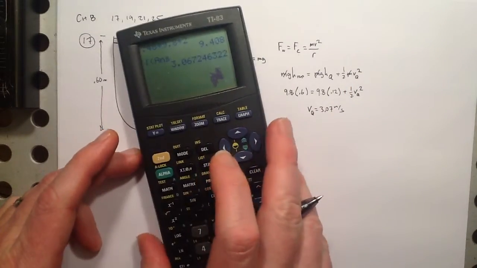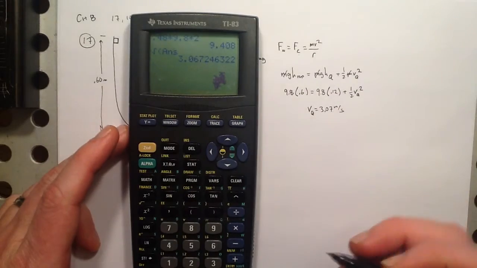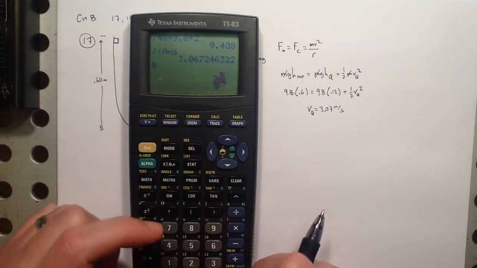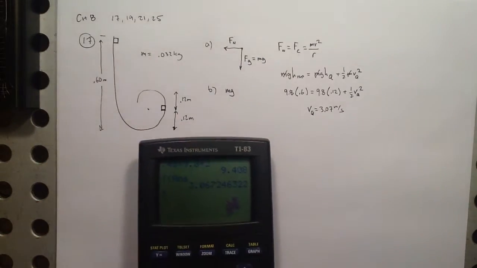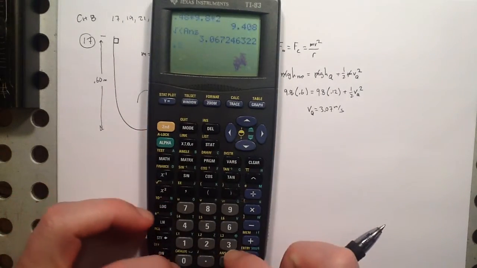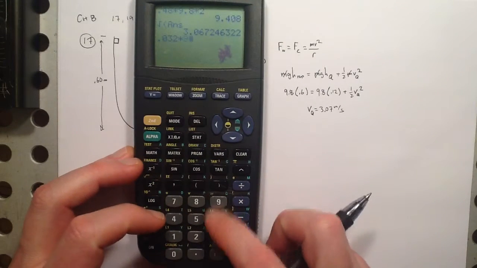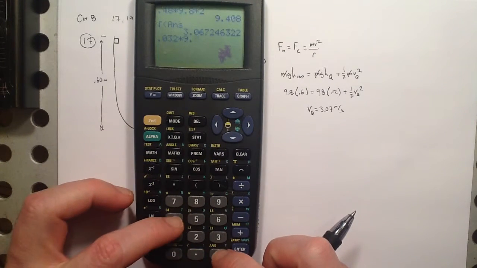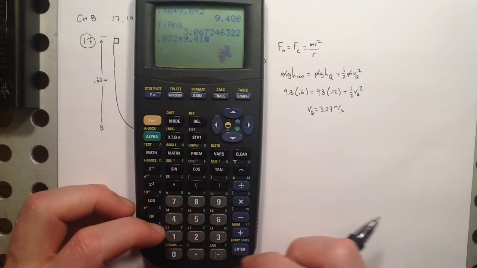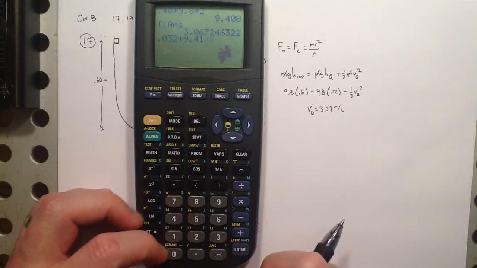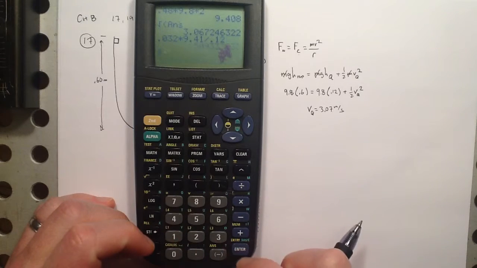And then the normal force is going to be mv squared over r. I have the v squared there, so I'll take that. The mass, 0.032, times the velocity squared, which is 9.41, say, divided by the radius of the circle, which is 0.12.